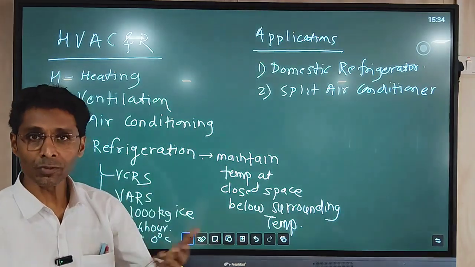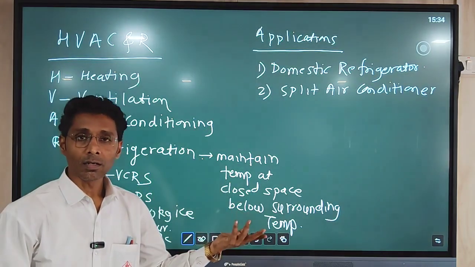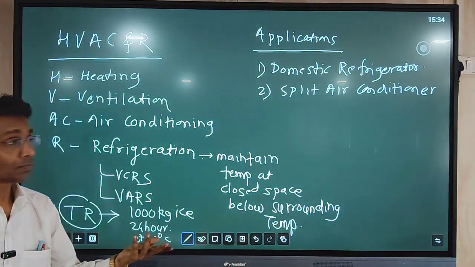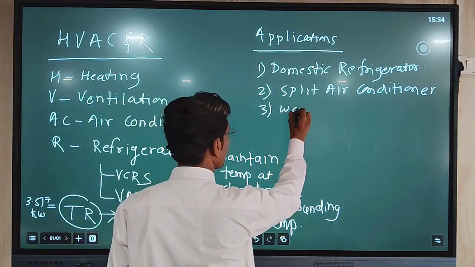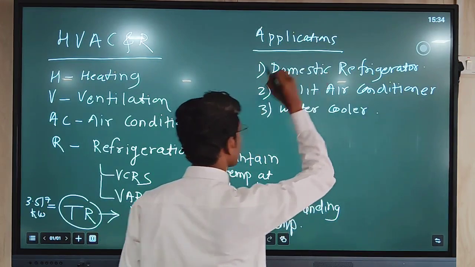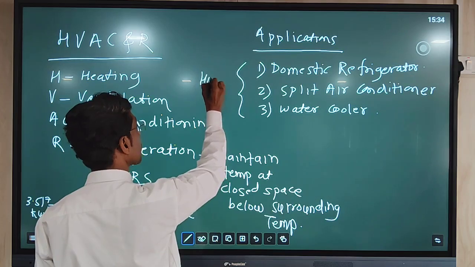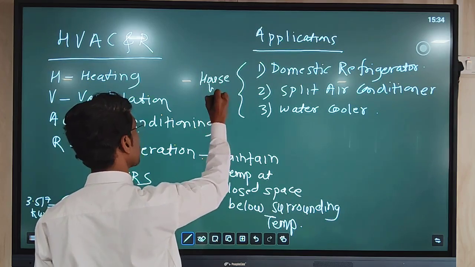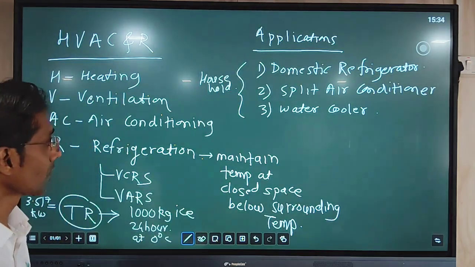The domestic refrigerator we use in a house, depending upon the use. And the water cooler. These three are mostly used for household purpose. That is why we call it domestic.